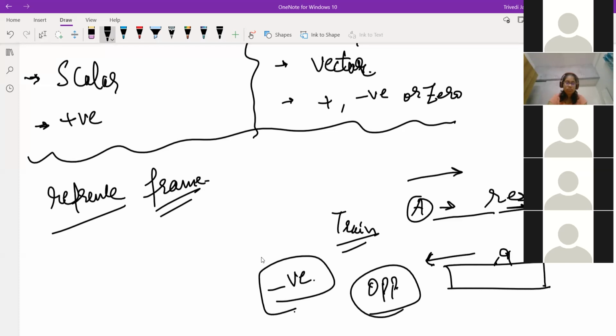Can we say that? Yes, people, can we say this? Is this a negative displacement according to A? Can we say that? Yes or no?